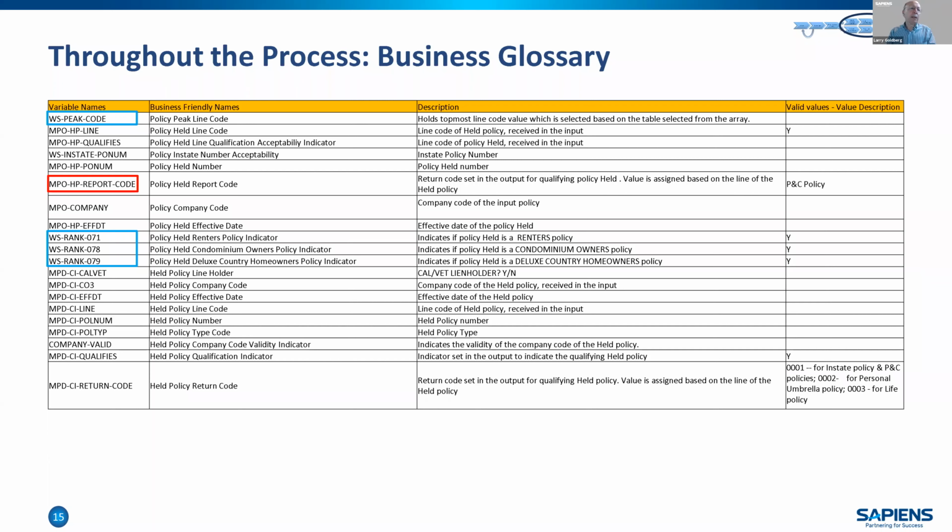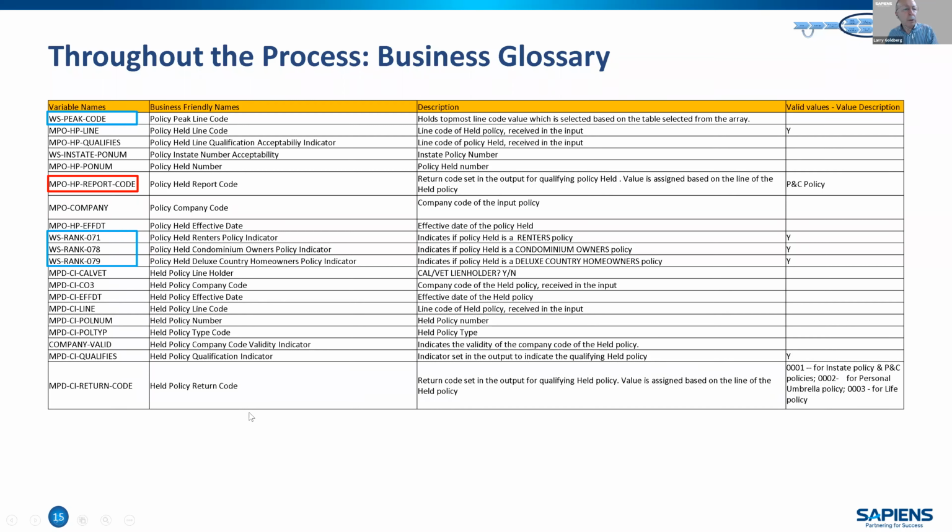This particular project was done very manually. So you see the description as given to us in this column under the header description. This is how the business analyst described the logic, the variable, and you see the valid values on the right.